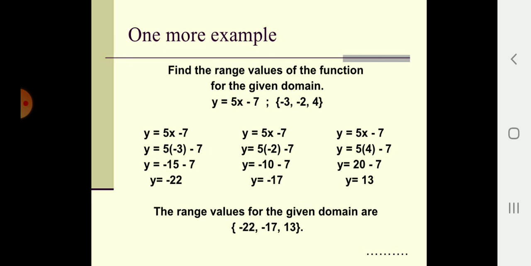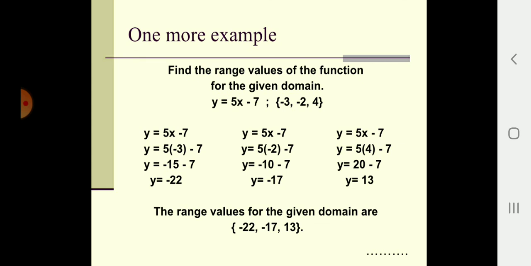So y equals 5 times negative 3 minus 7. 5 times negative 3 is negative 15. So y equals negative 15 minus 7 equals negative 22. So the answer is negative 22.